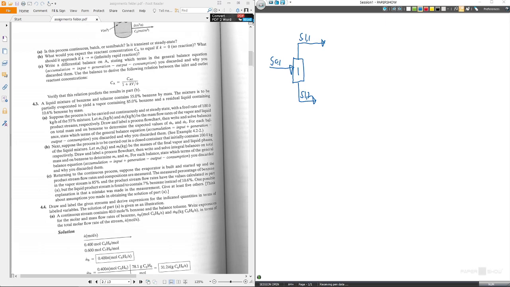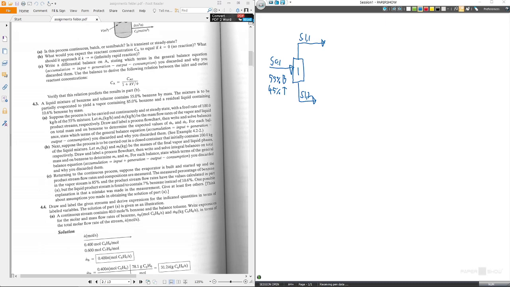We are being told that in our stream 01, our entry stream, we have 55% of benzene. A lot of you would say that we can quickly calculate that we must have 45% of toluene, but we'll put that in Excel later.